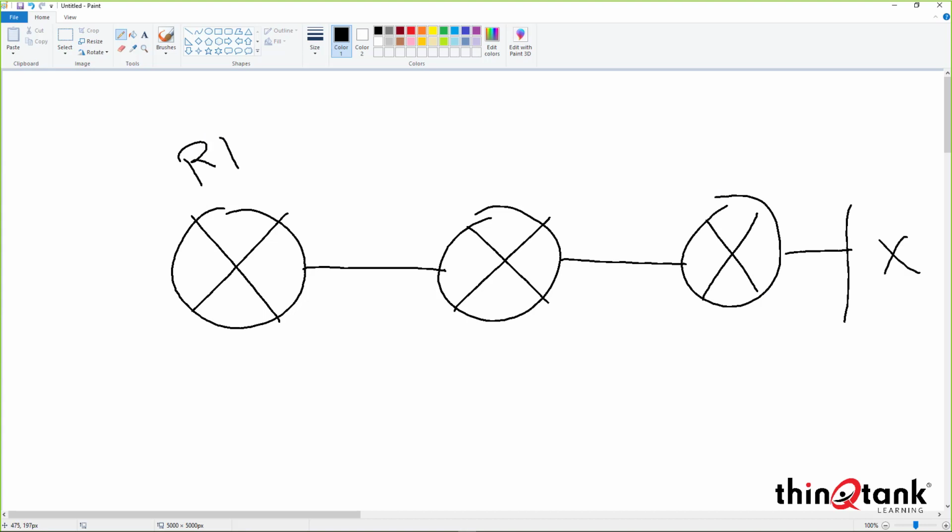Here's router 1. And I'm running OSPF, and all 3 of these routers are running OSPF. So this router is advertising network X to its peer. That router is then advertising network X to its peer. And this router decides to get to network X, send the packet there. This router says to get to network X, send the packet there. To get to network X, use my connected route.